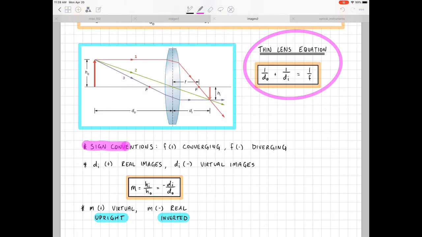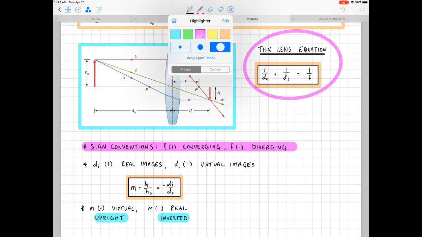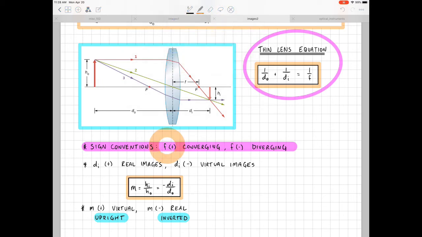So our sign conventions for using the thin lens equation are that converging lenses have a positive focal length, and diverging lenses have a negative focal length. That means if you plug the focal length into the thin lens equation for a converging lens, that number is a positive number, and if you have a diverging lens, it's going to be a negative number.